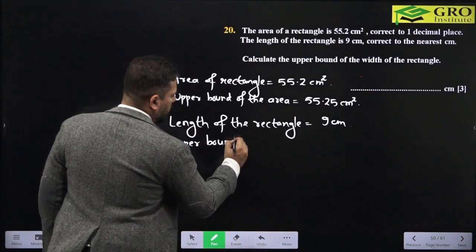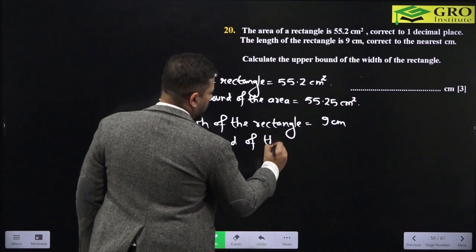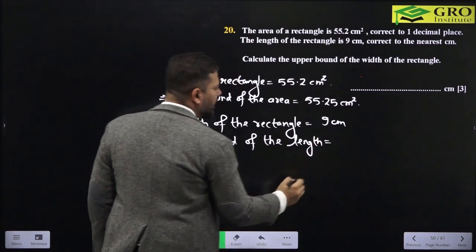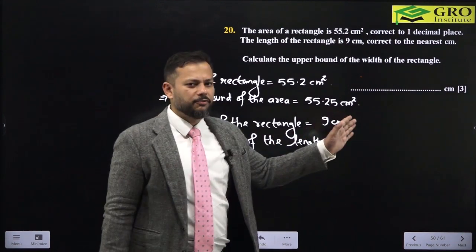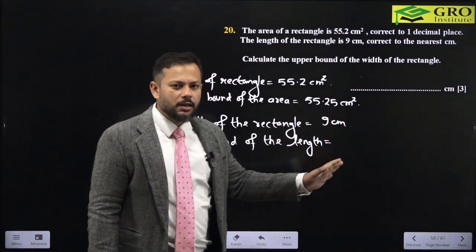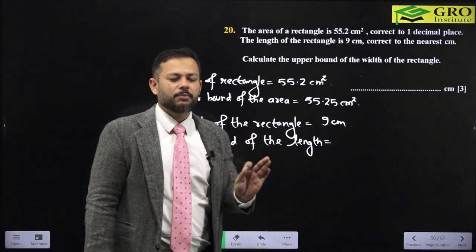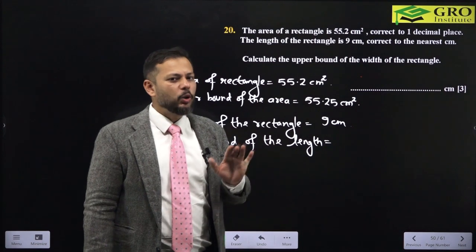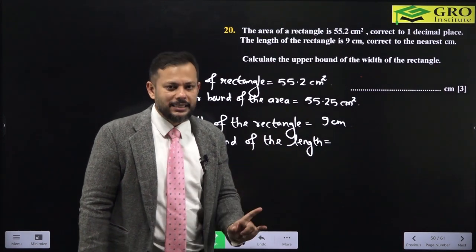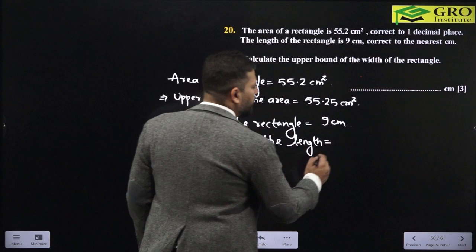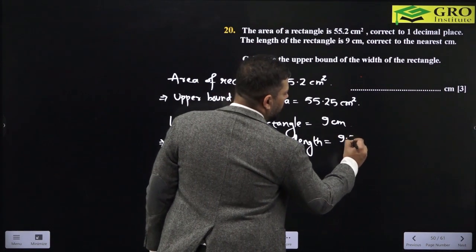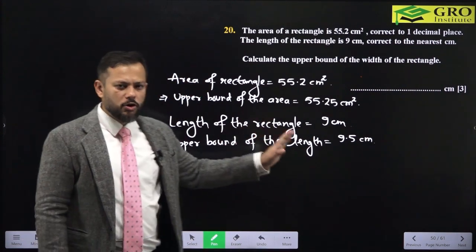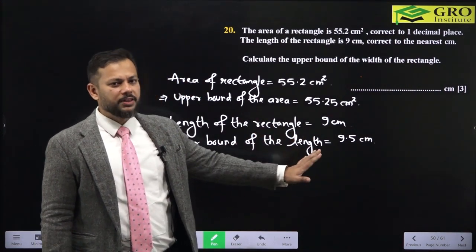Upper bound of the length will be, as we just did for the previous step, 9.5 is that maximum value which when touched will give us more than 9. So anything below 9.5 will result into 9 centimeter. So the upper bound of this length is 9.5 centimeter. Clear?